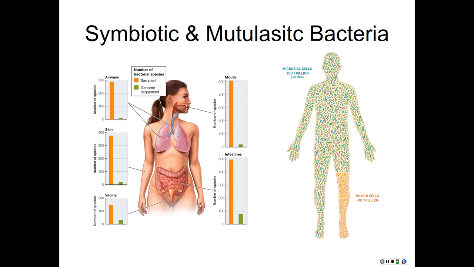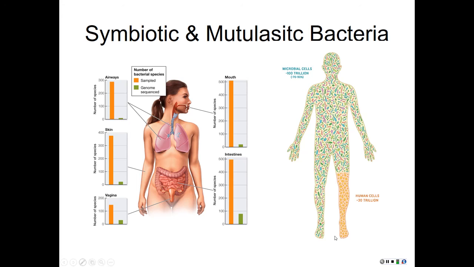So hundreds of species, by the way, sometimes I abbreviate species by SSP, live in or on us. And in terms of sheer numbers, there are many more individual bacterial cells in and on our bodies than there are human cells.